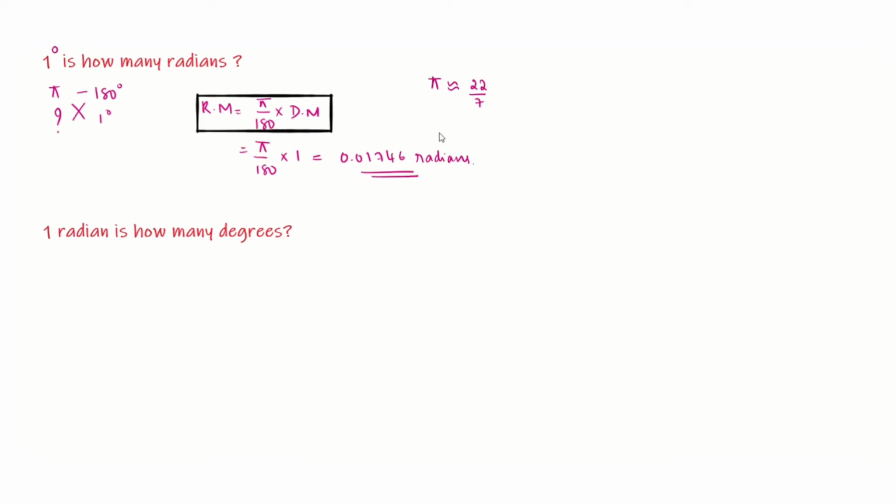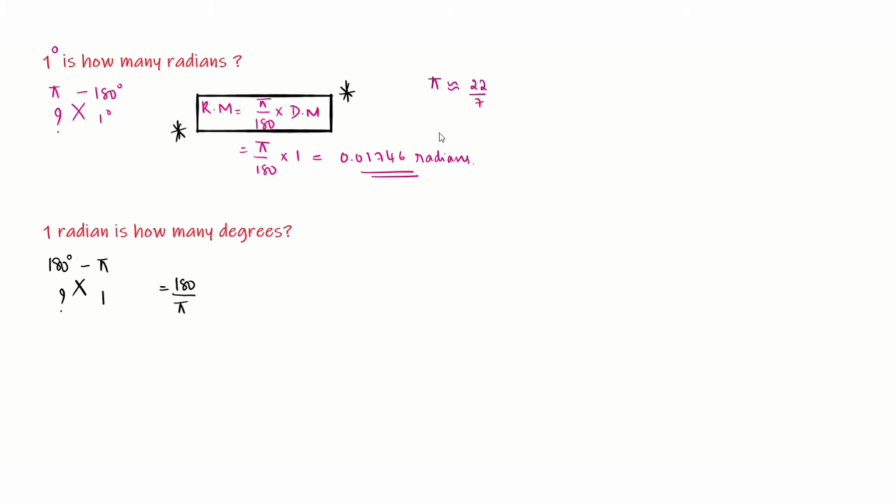Now let us convert 1 radian into degrees. To do that, we know 180 degrees is equal to pi radians. 1 radian is how many degrees? We simply cross multiply, or we can also use the relationship between radian measure and degree measure and do the calculations. We get 1 radian is equal to 180 divided by pi.